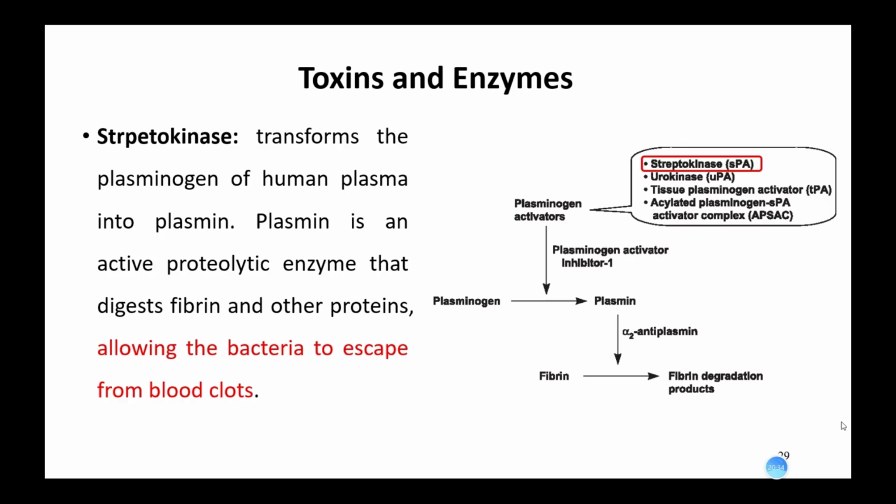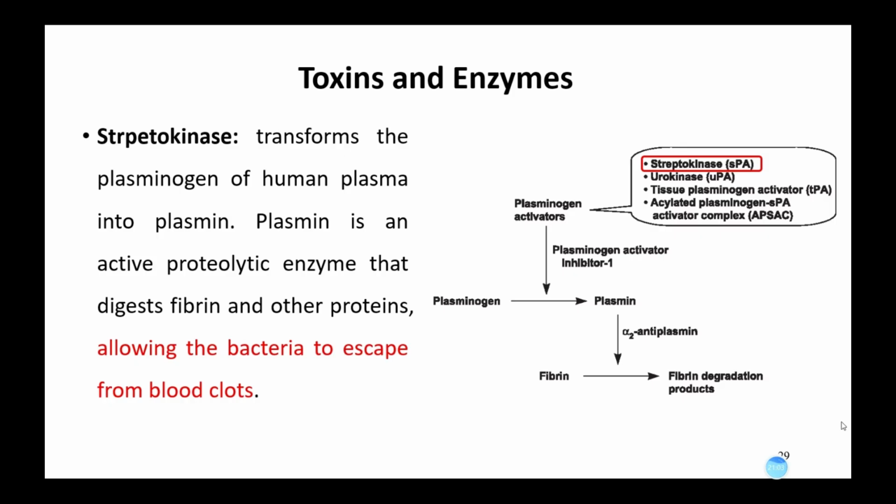And if the bacteria is locked in the blood clot, it can escape, right? So that allowing the bacteria to escape from the blood clot. So streptokinase, even though it does not directly help the bacteria to escape, but it can activate plasminogen to form plasmin, and plasmin can degrade the fibrin.